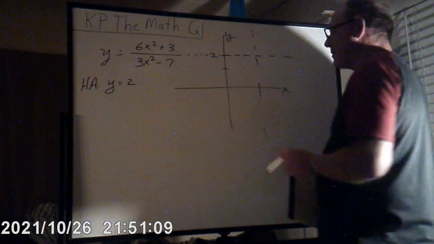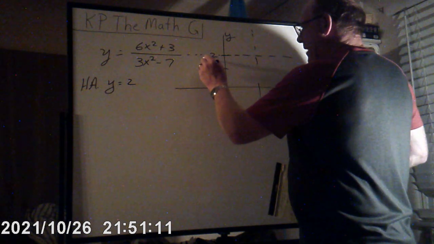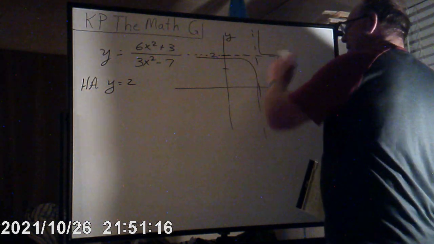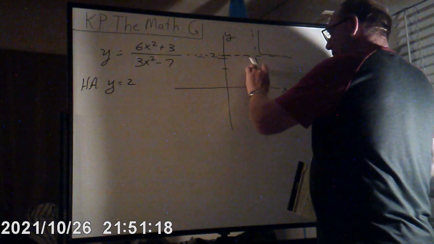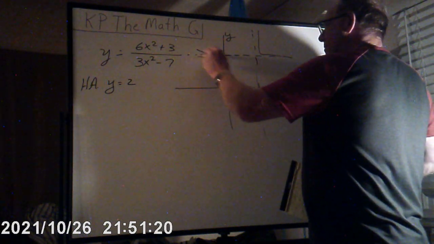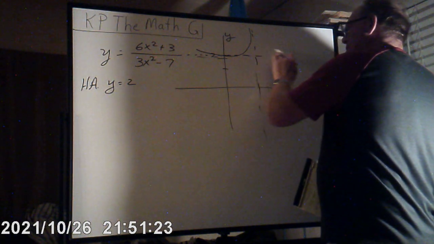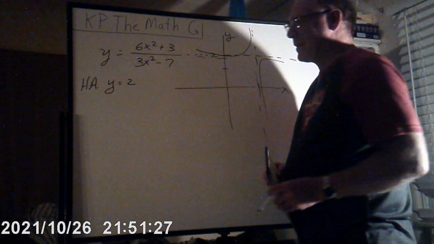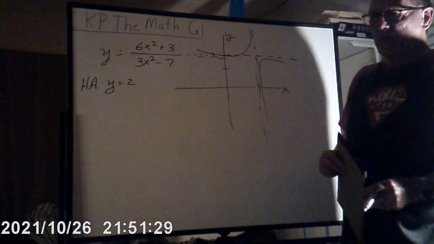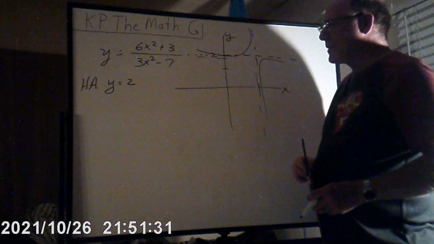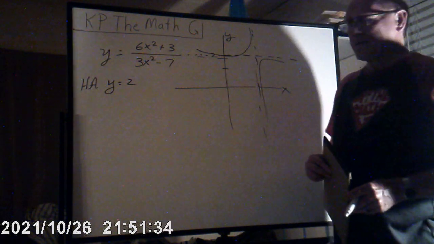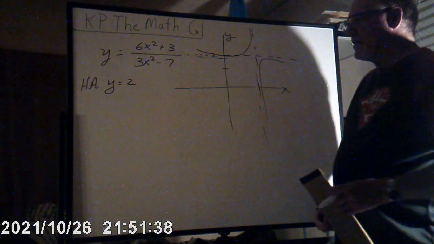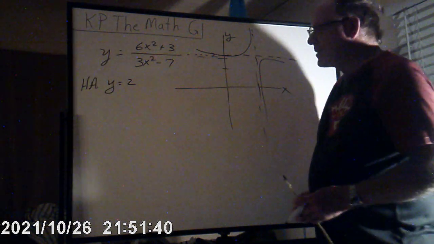But anyway, the graph is going to do something like this, or either this, or even this. That's kind of how that goes. We just know that the horizontal asymptote is at y is equal to 2, based on what we just did.